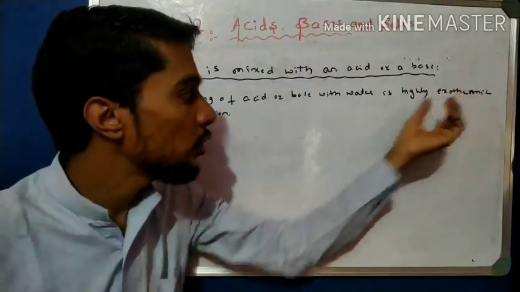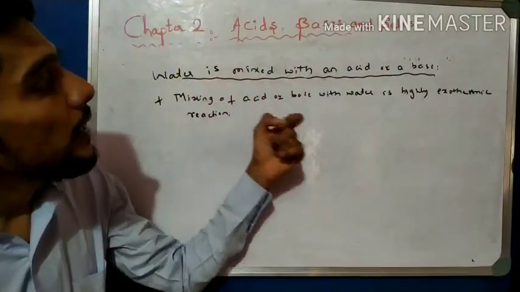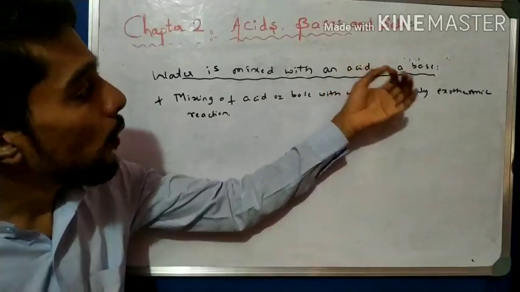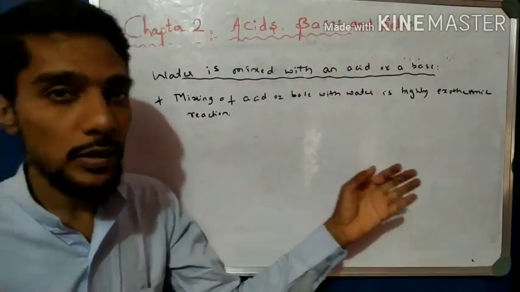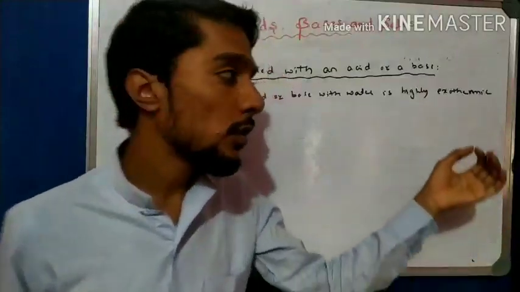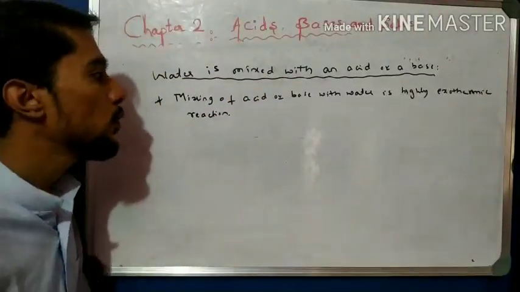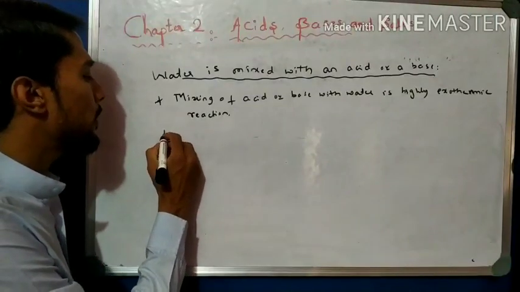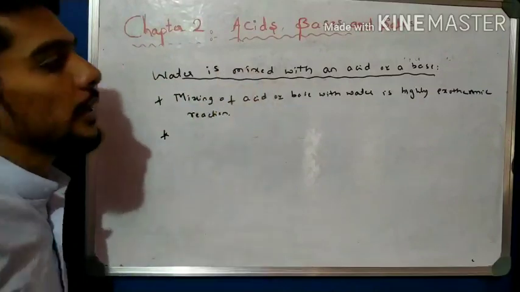So it is a highly exothermic reaction. The mixing of acid and water, and base and water, is such a dangerous process because a huge amount of heat is liberated. So what method do you follow to mix water and acid?